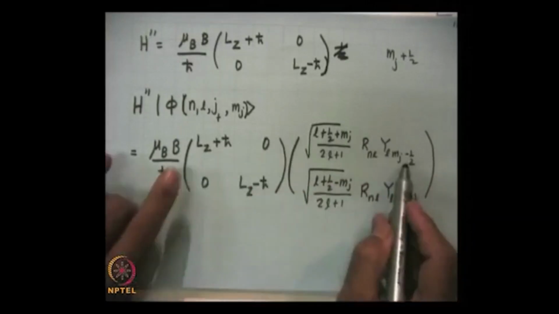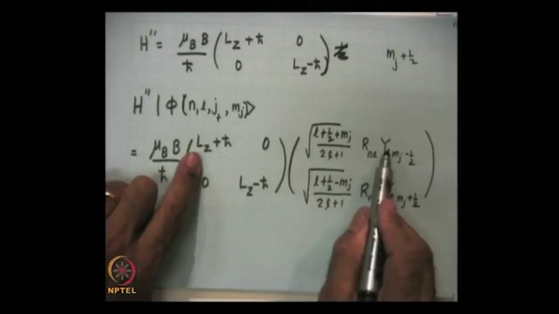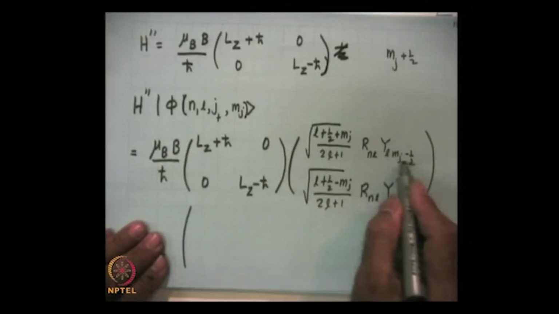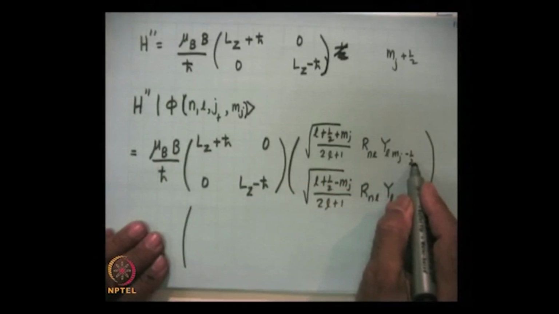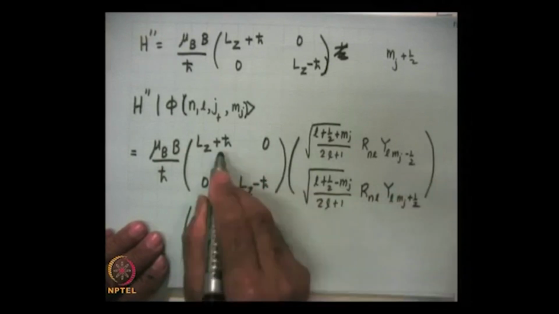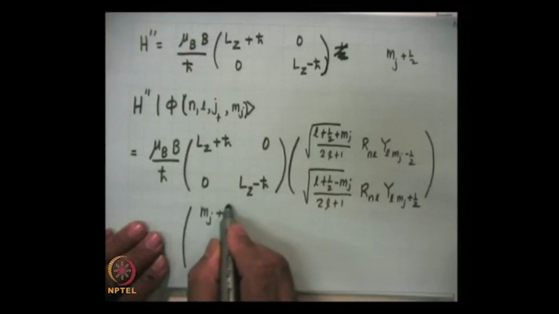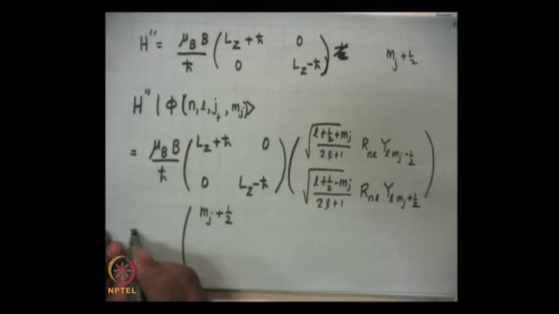So, if I operate this here, we will get, please see this, Lz will be mj minus half into h cross plus 1. So, that is mj plus half. I hope I have done it right, and h cross cancels out.